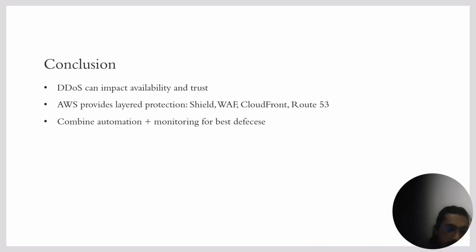The key is to architect your application securely, use AWS protection tools wisely, and constantly monitor your environment. With these steps, you can ensure high availability, performance, and user trust even in the face of a large scale attack.